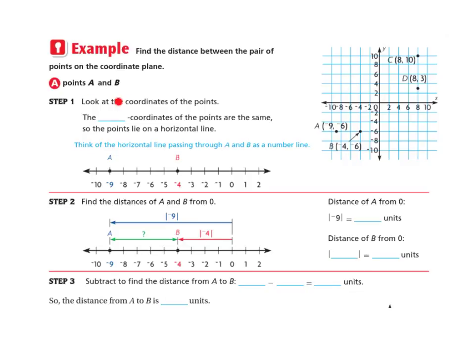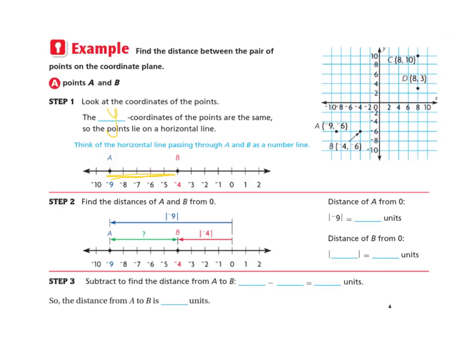We're going to look at the coordinates of the points. The y coordinates are the same, so the points are in a horizontal line, which we can already see because we see right here that that's a horizontal line. I tell you, sometimes Go Math is not very smart. Anyway, so we're thinking of it as on a horizontal line like this, -9 to -4.